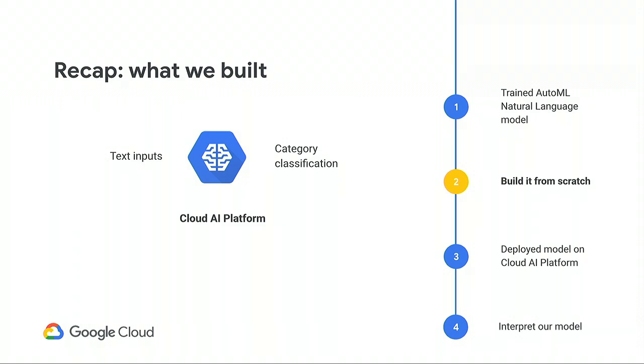And then we ran that in CoLab, deployed that model to Cloud AI Platform, and used the prediction service to actually make calls and get predictions back. And then we fed that into SHAP to interpret our model to figure out what words in each example contributed most and contributed least to identifying the labels that it created.